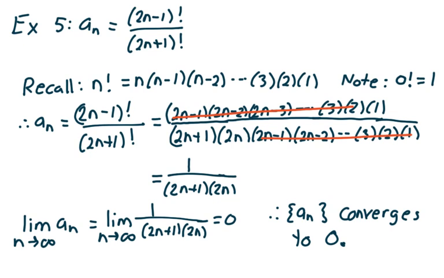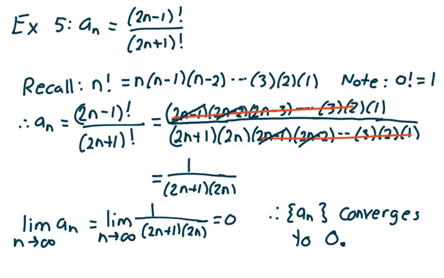But if you notice, we have a 2n minus 1 in the numerator, we have a 2n minus 1 in the denominator. We have a 2n minus 2 in the numerator, we have a 2n minus 2 in the denominator. So every factor in the numerator will end up going away because there's something in the denominator that will cancel it out, so to speak.